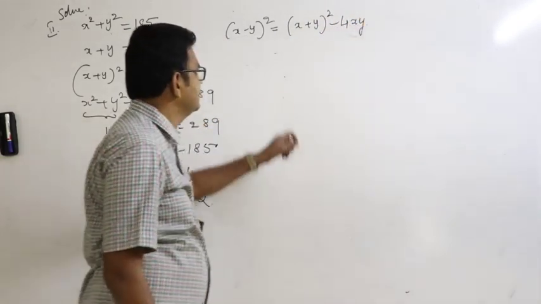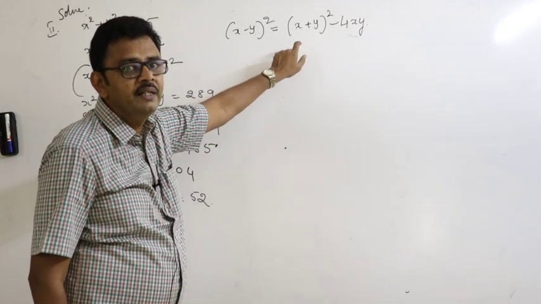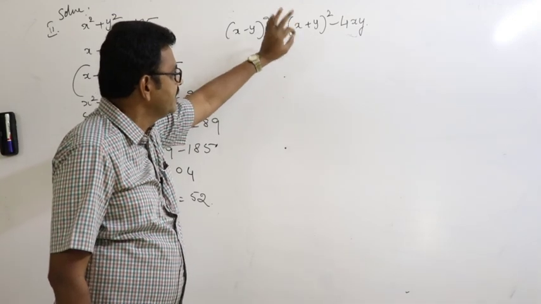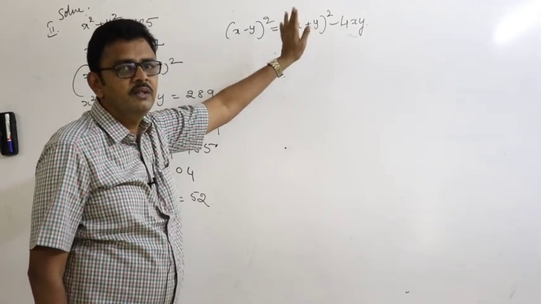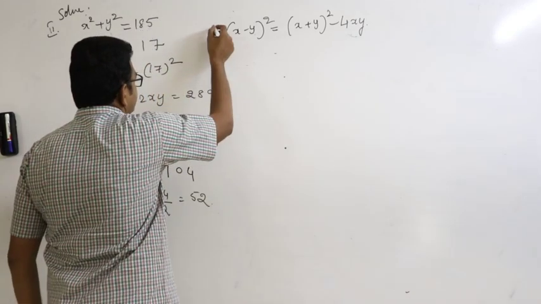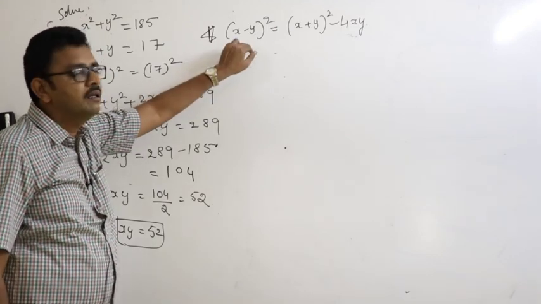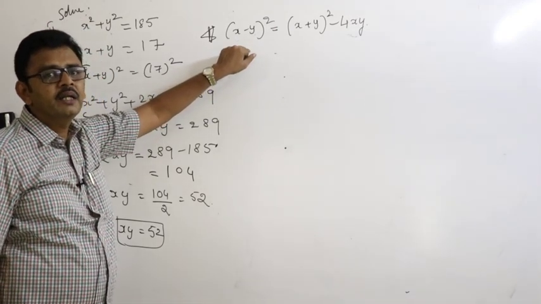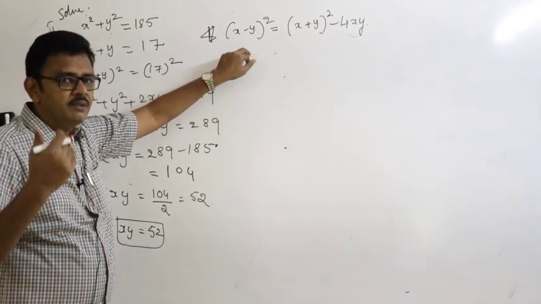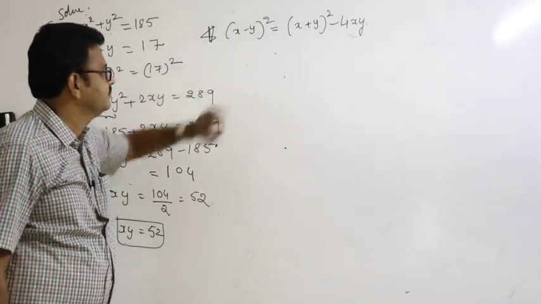Already I discussed these identities in algebraic identities. These are useful everywhere. I discussed all these models in algebraic identities. That's why fundamental mathematics plays an important role.